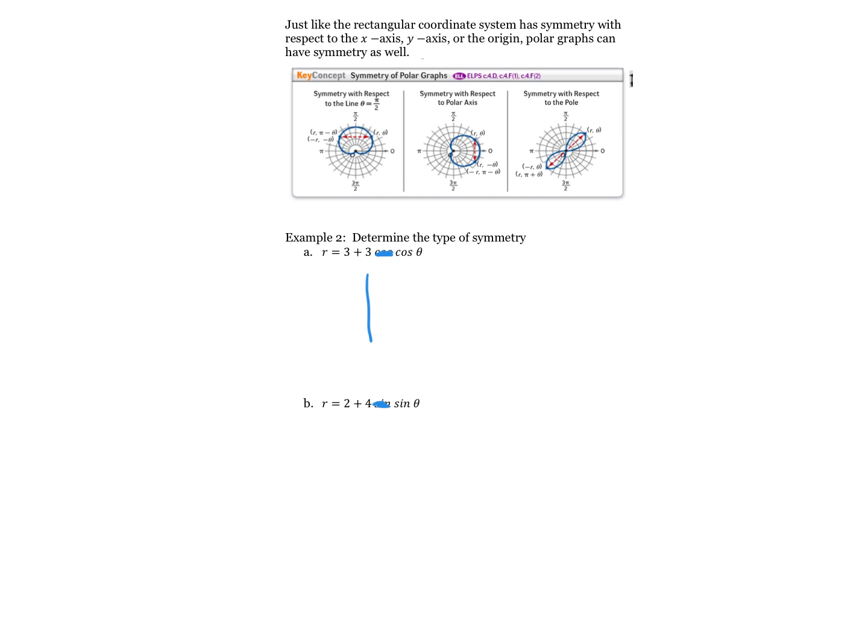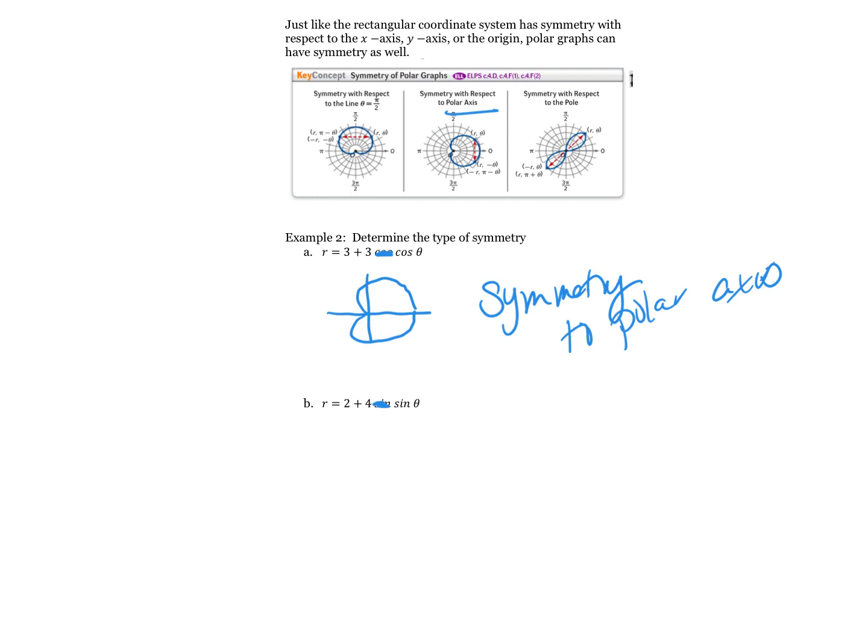It's doing something like this, and that looks symmetrical to the polar axis. So that's what you're supposed to be able to determine, its symmetry.